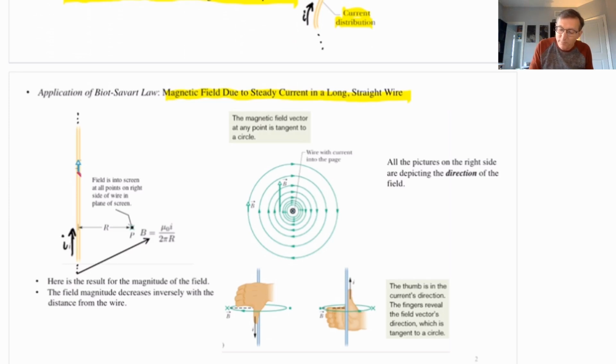Then we have picked that point P, which is some distance big R from the wire. And of course, when we say distance big R from the wire, we mean the shortest distance, the perpendicular distance from point P to the wire. Okay? All right. So, what's the formula that will give us the magnitude of B, the net magnetic field at point P from the whole wire, and what's the direction of it? Notice the point P has been chosen, perhaps arbitrarily, to be on the right side of the wire. That is something to note.